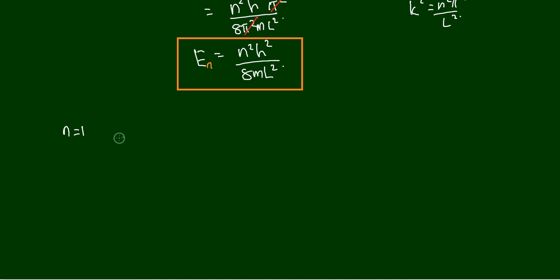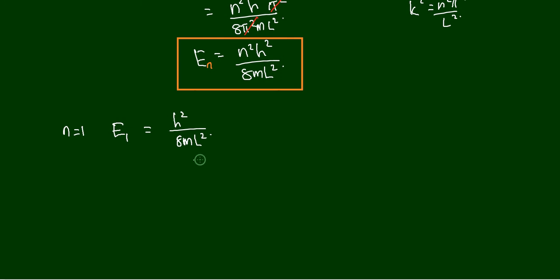So for this least possible value of n, energy E1 is equal to h square divided by 8 m L square. That is the lowest possible energy. Okay, and below that an energy is not possible. It means that this system, this particle in a one-dimensional box, can never reach an energy value equal to 0, right?